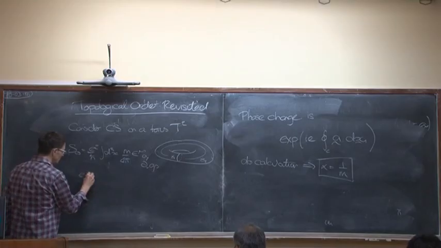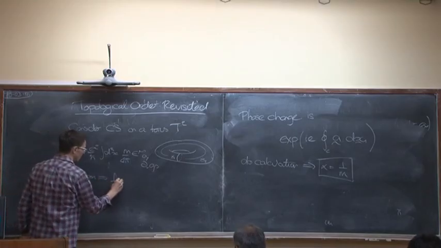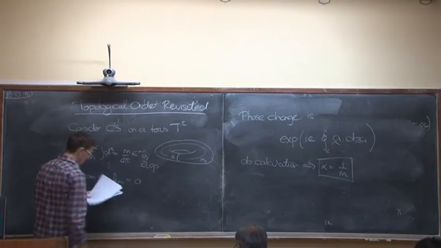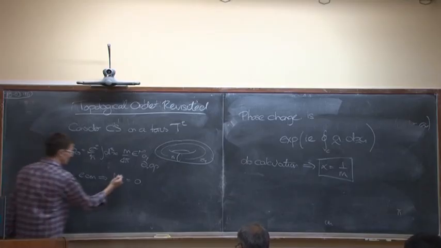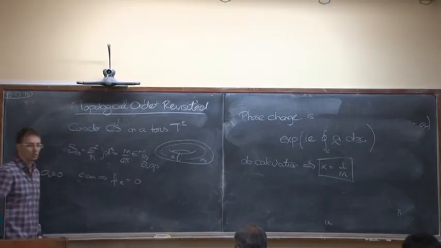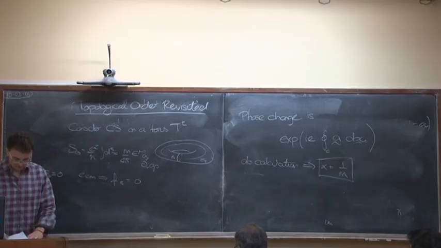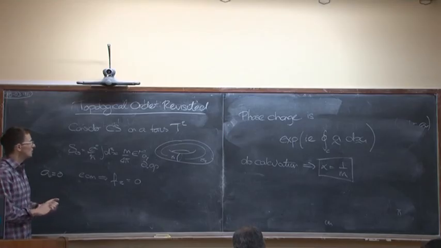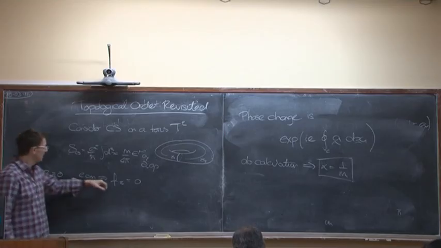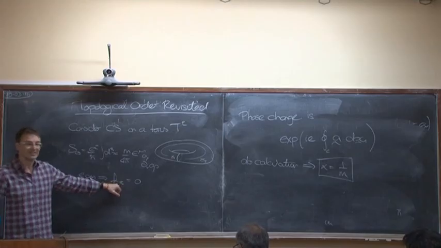And the equation of motion is F mu nu equals 0. In fact, let me work in A0 equals 0 again, in which case the equation of motion is F equals 0. So this looks totally trivial.